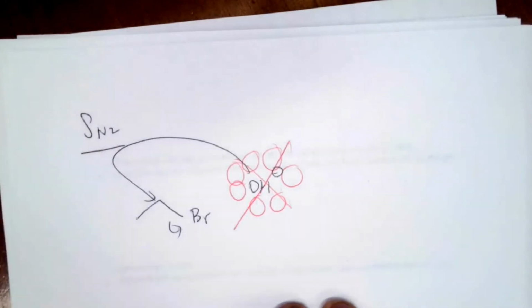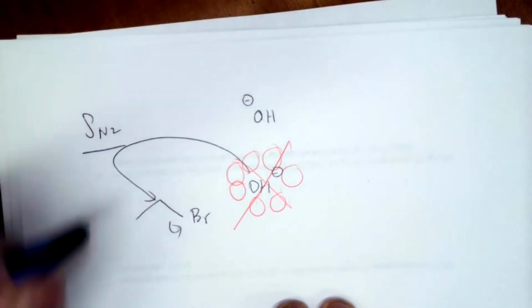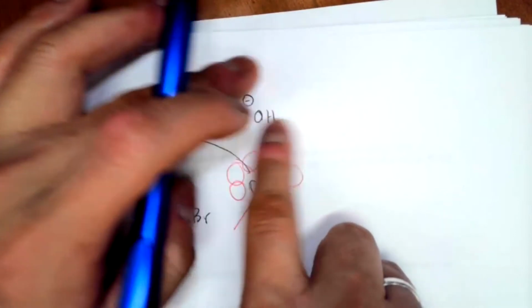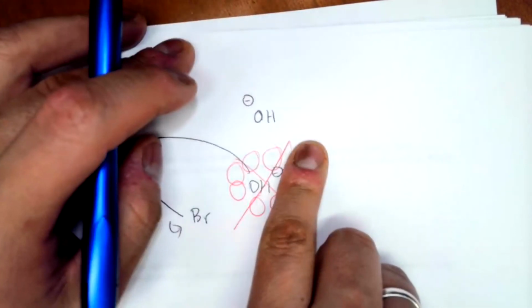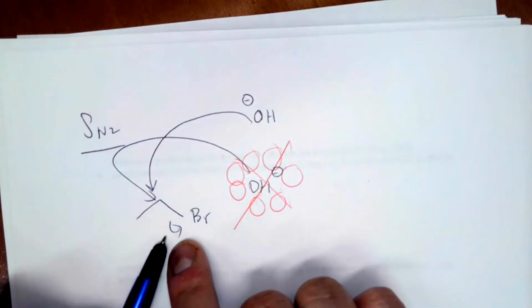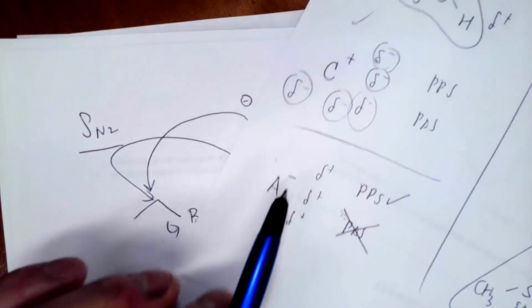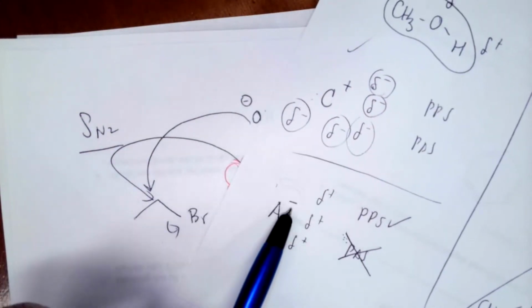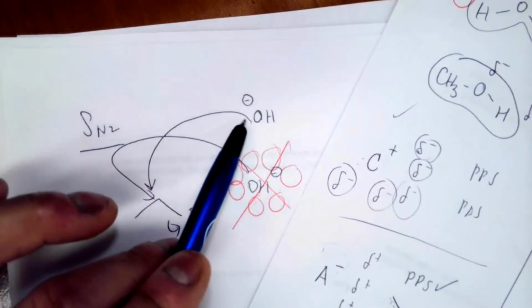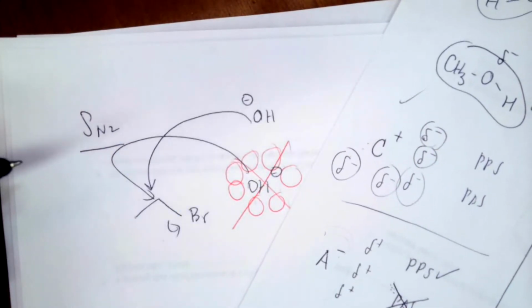No. I actually need my nucleophile to be naked. I need the OH to be free of solvent. I don't want any solvation. I want it free. So if it's free, it can attack efficiently the substrate. Can I do that with PPS? No, because PPS solvates anions and cations. It will solvate my OH. I don't want that. That's why PPS is bad for SN2.